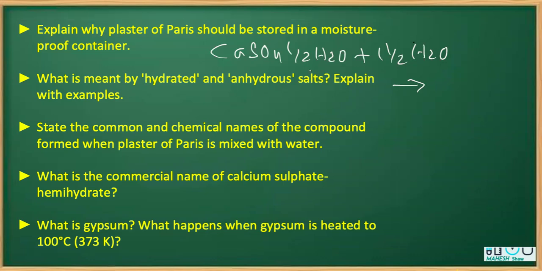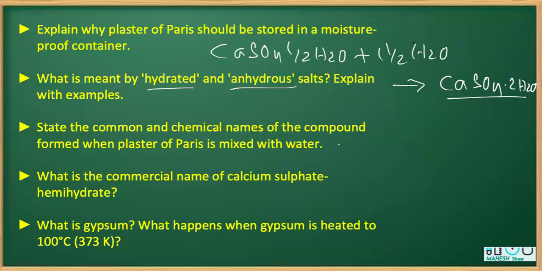Formula unit of calcium sulfate will absorb 1.5 water molecules and will turn into gypsum, which is CaSO4.2H2O. Now, this is a hard substance, and therefore this substance cannot be used for the purpose which we use as plaster of Paris.